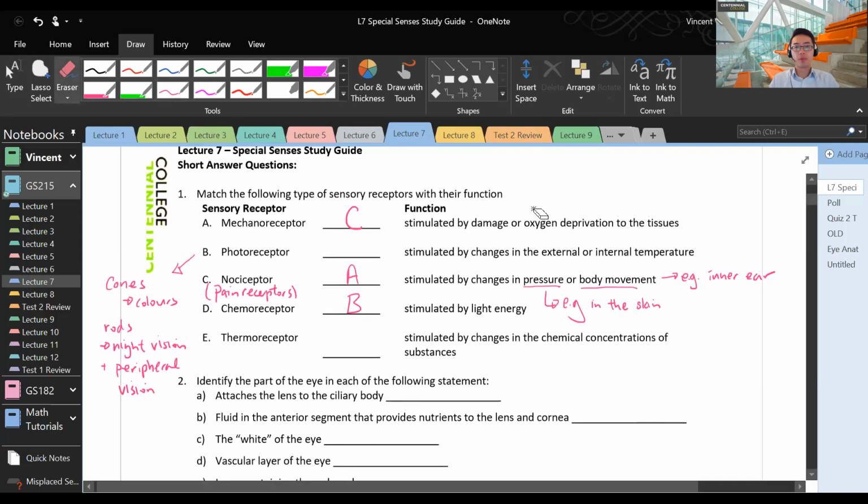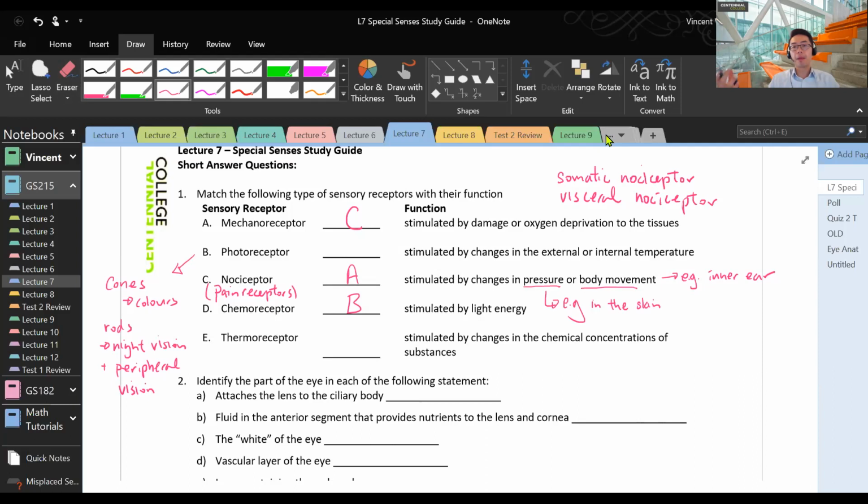Now, I should also remind you that there are two types of nociceptors. There is the somatic nociceptor, and then there is also the visceral nociceptor. The somatic nociceptor is responsible for relaying primarily damage that occurs on the surface of the body.